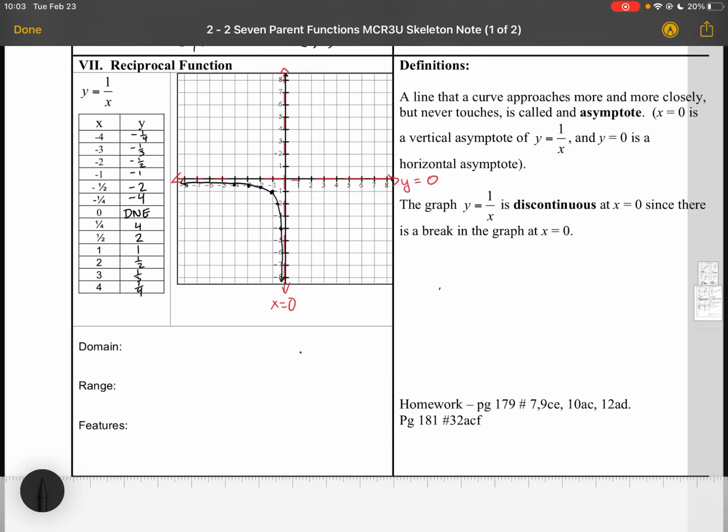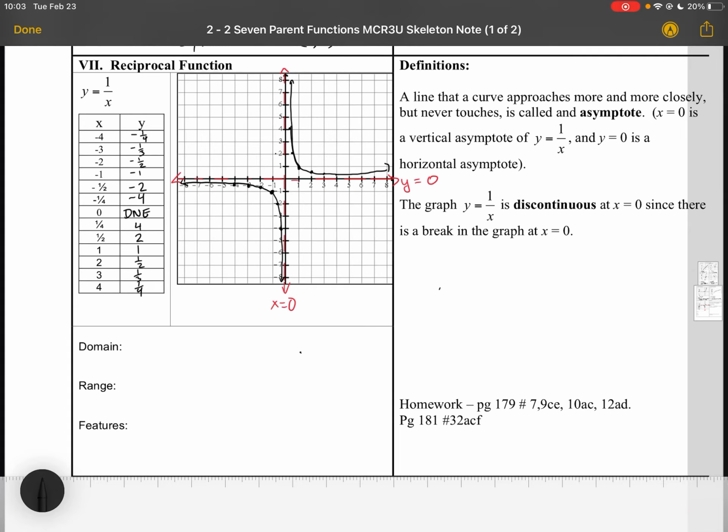And then they're going to get closer and closer to y equals 0, going in the other direction. So let's plot. We've got a second half of our graph in the positive quadrant. So I've got 1/4 and 4, 1/2 and 2, 1 and 1, 2 1/2, 3 1/3, 4 1/4, and I've got almost the same pattern just on the other side.